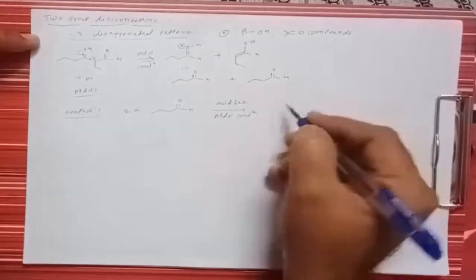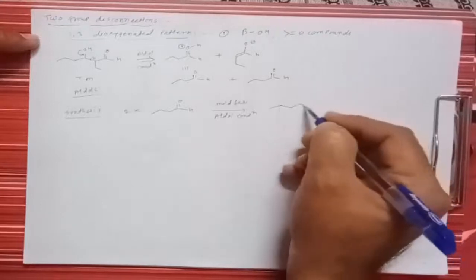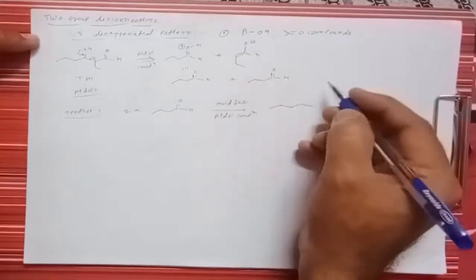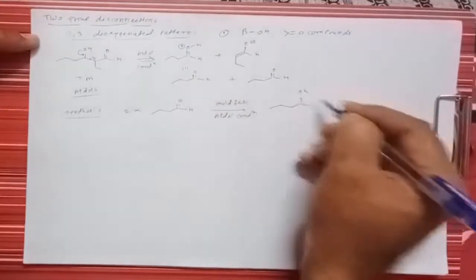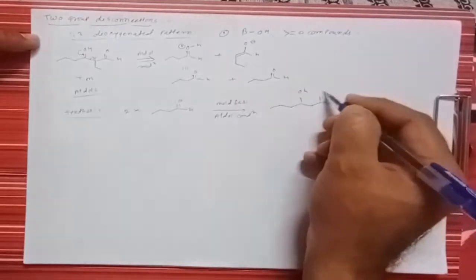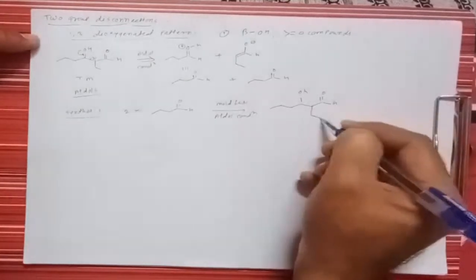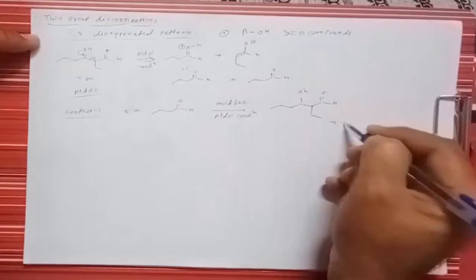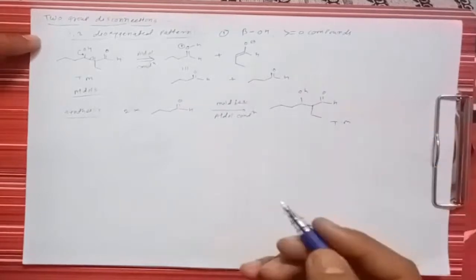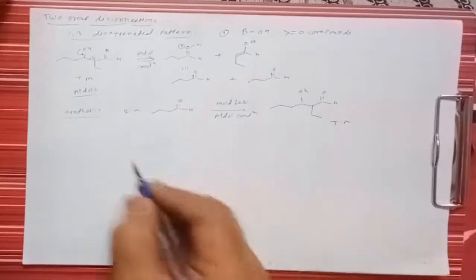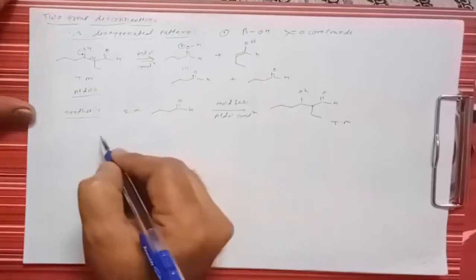What is aldol condensation? It gives a beta hydroxy carbonyl compound, OH. This is a beta hydroxy carbonyl compound, and it gives the simple target molecule which we are discussing here. So we are taking an aldol condensation reaction.